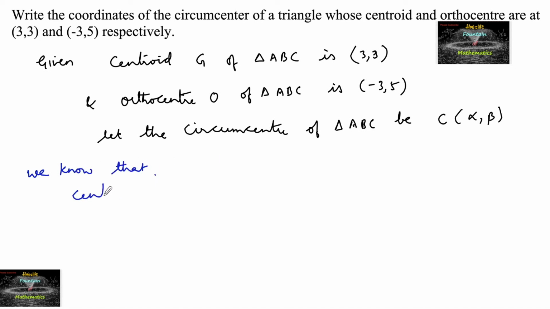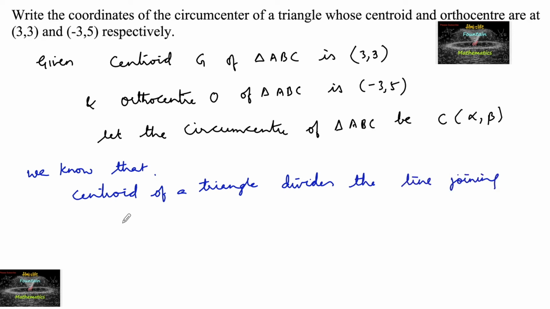And since we know that the centroid of a triangle divides the line joining orthocenter and circumcenter in the ratio 2:1.